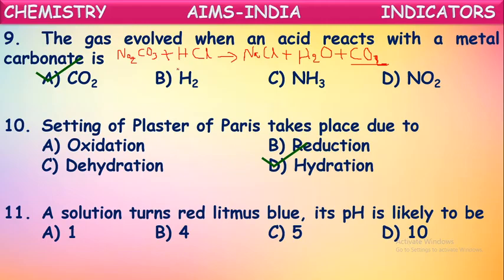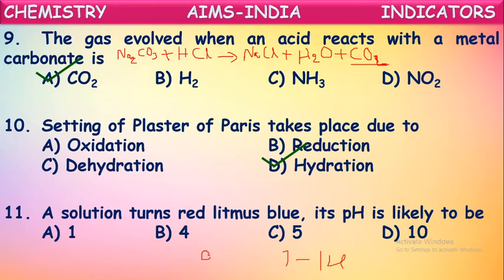Next, a solution turns red litmus blue. The pH is likely to be. We know the solutions which turn red litmus blue are basic solutions, and the pH range of these basic solutions is, what is it? 7 to 14.